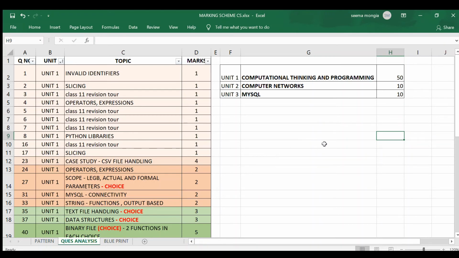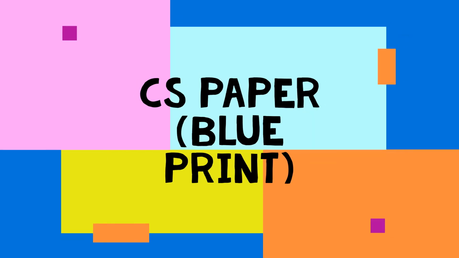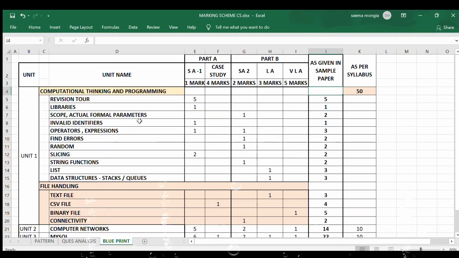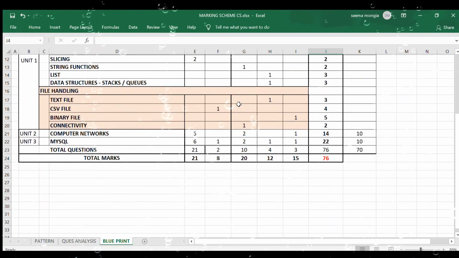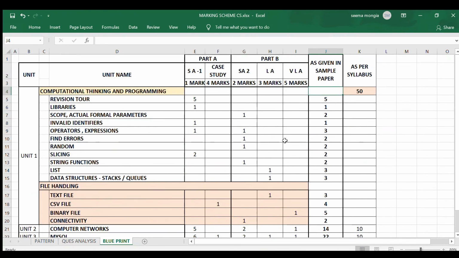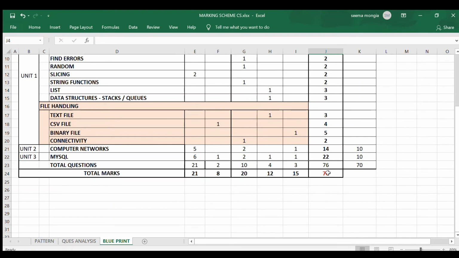Now let us compare this syllabus breakup with the sample paper in the blueprint. On the basis of the question analysis, I have filled the marking scheme over here. As you can see, the total marks are coming out as 76, but my theory paper is of 70 marks.